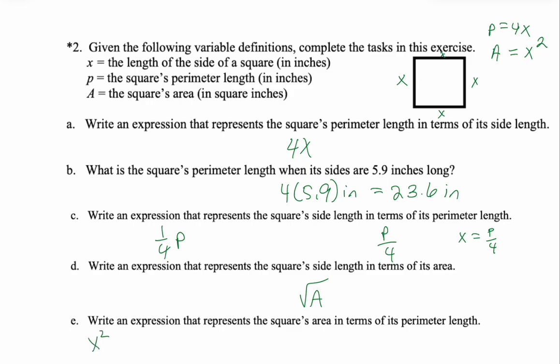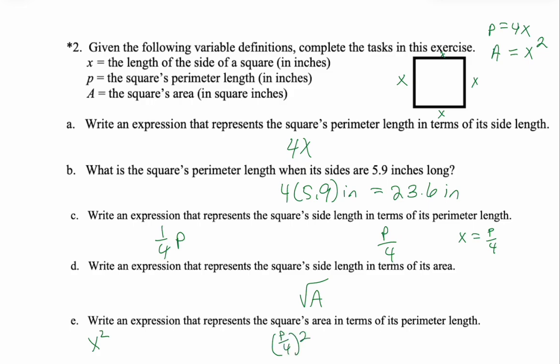But we want to write it in terms of the perimeter. How was the side length rewritten in terms of perimeter earlier? Yes, P over 4. So we can just do P over 4 squared.